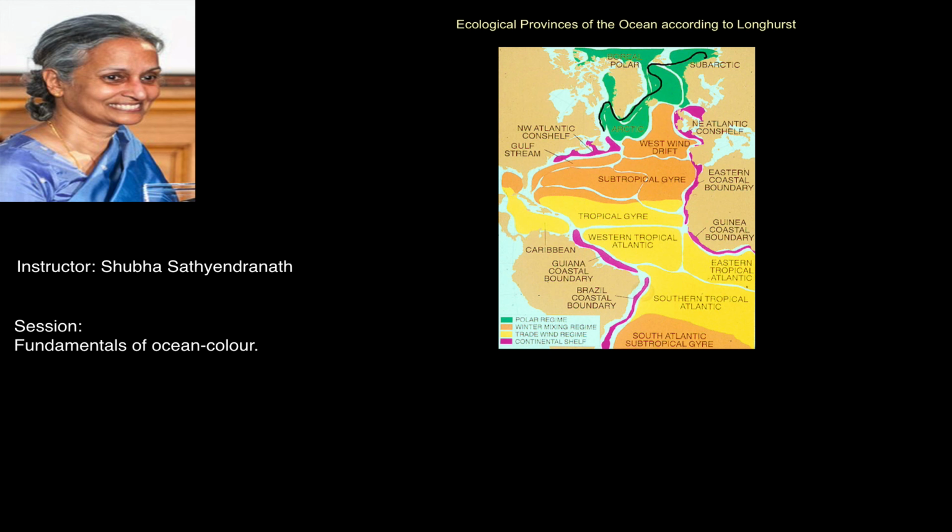So one of the methods that we have used in the past, and we still use it, is to use the concept of ecological provinces in the ocean, put forward by Longhurst in one seminal work. A couple of books have been published on it.